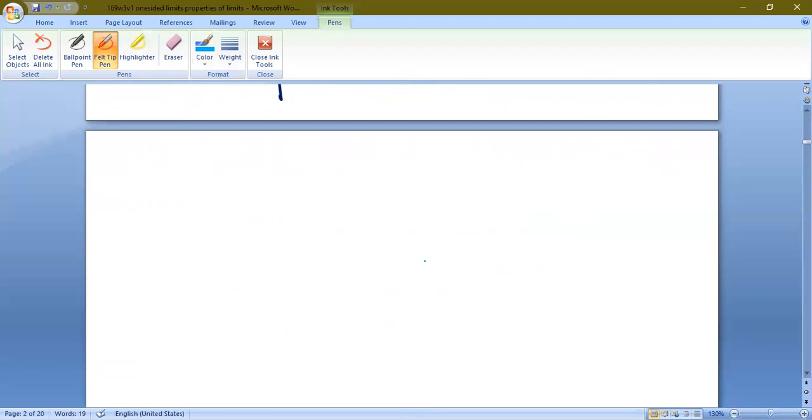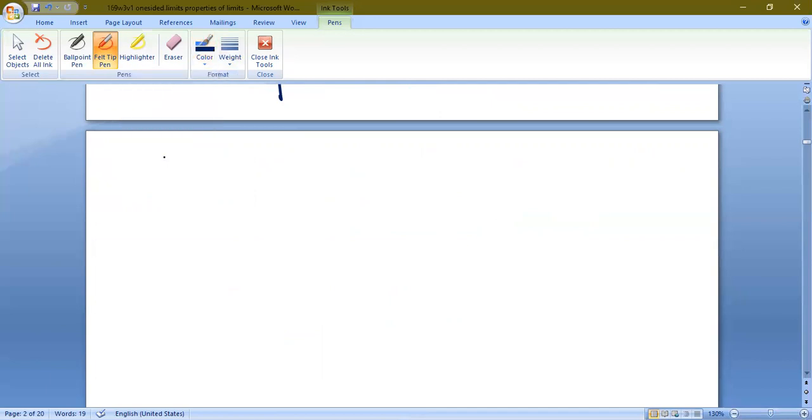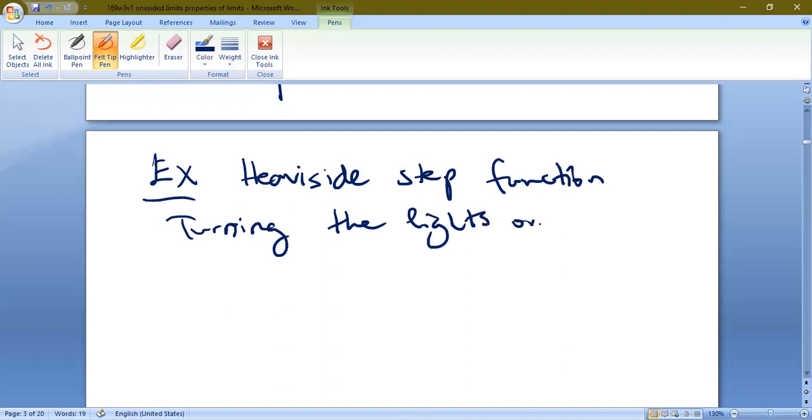So there are some important examples about one-sided limits. One of them is the Heaviside step function. So this is actually turning the lights on, or in circuit theory, switching a circuit on.